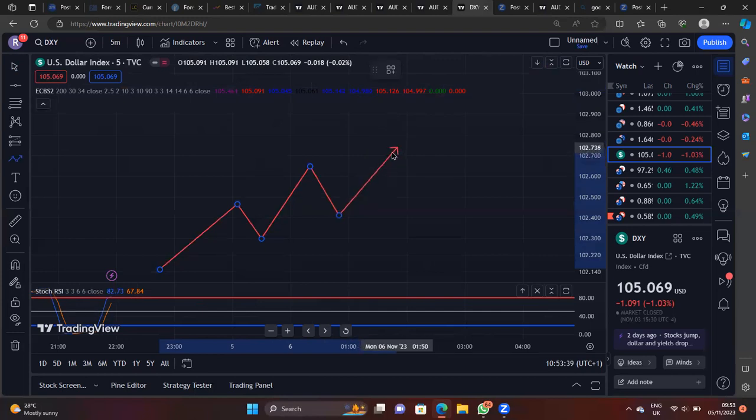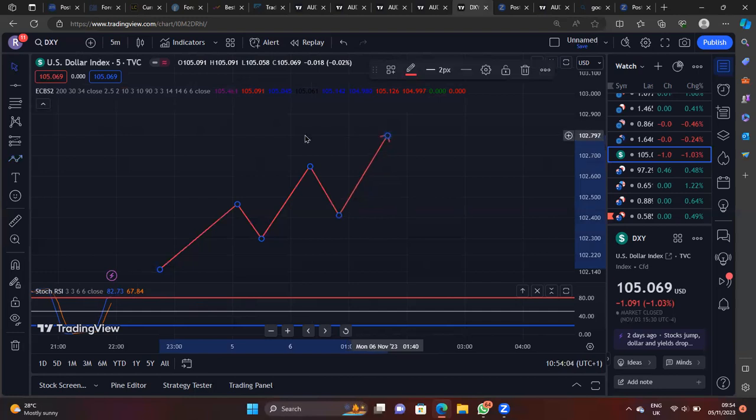Yeah, I can see it. This current high must be higher than the previous high. This is the previous high. This is the current high. It must be higher than the previous high. It must not be anywhere around the level of the previous high. It must be higher than the previous high. You understand what I mean?